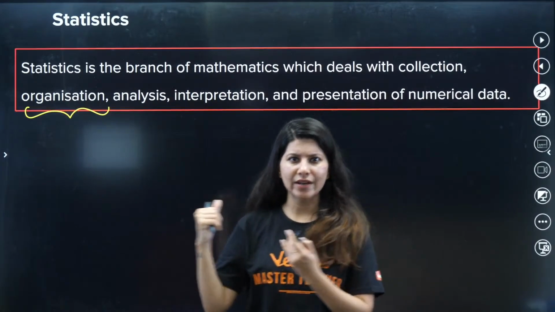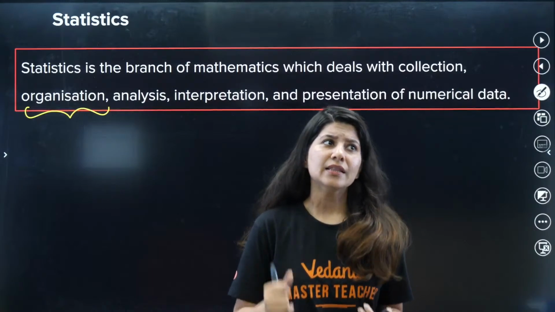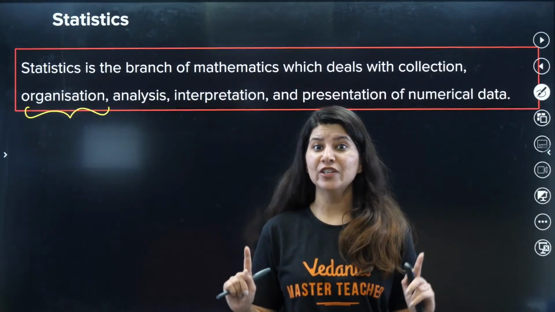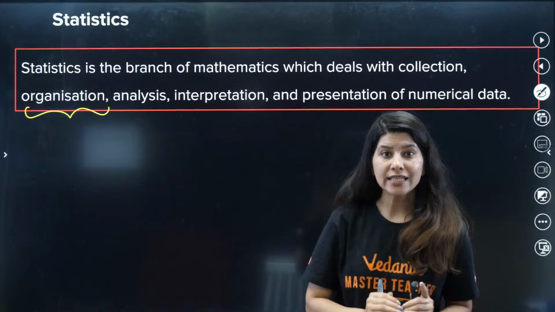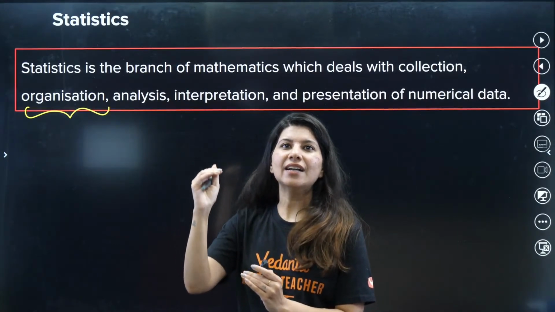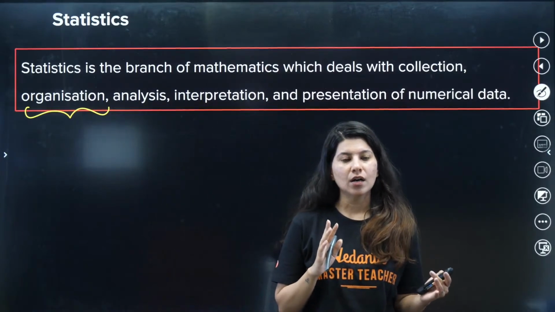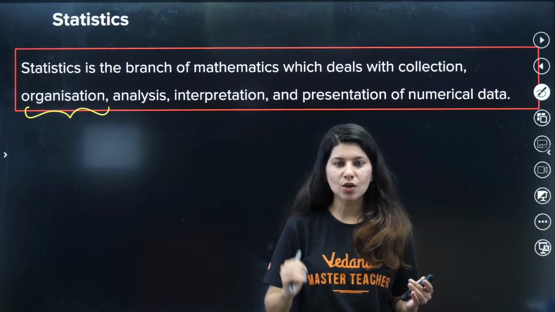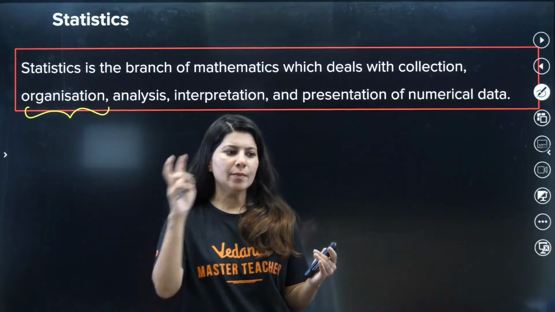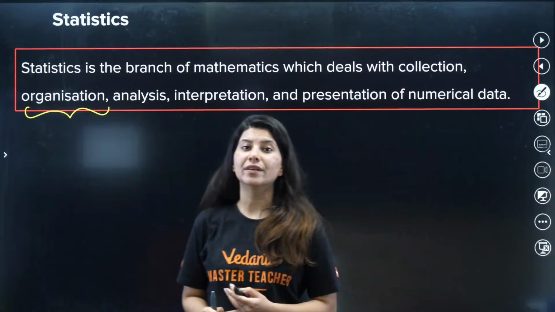That organization says, yes ma'am, we do have data, we do have the names of the students, but their contact numbers are shuffled. That means we have names and we have contact numbers, but we don't know which contact number is related to which student.